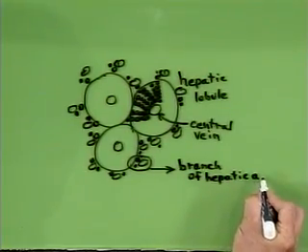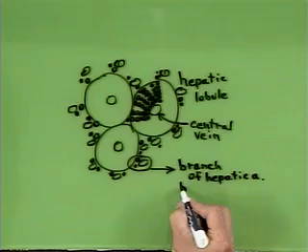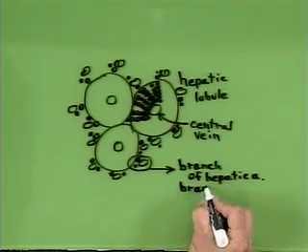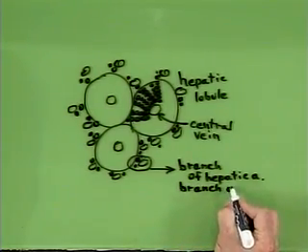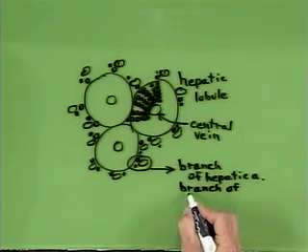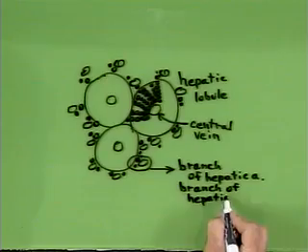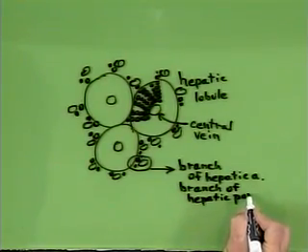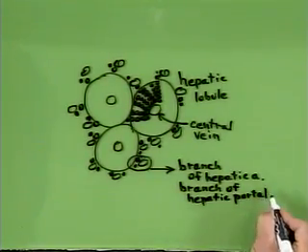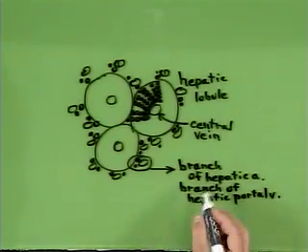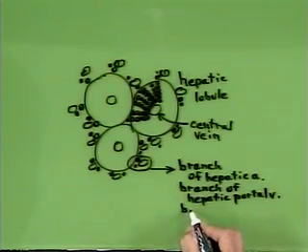I'm just going to write A period for artery. It has a branch of the hepatic portal vein. And it has a biliary ductule.